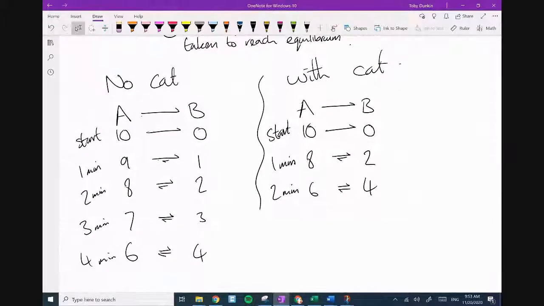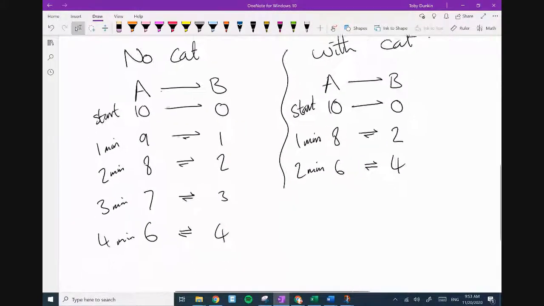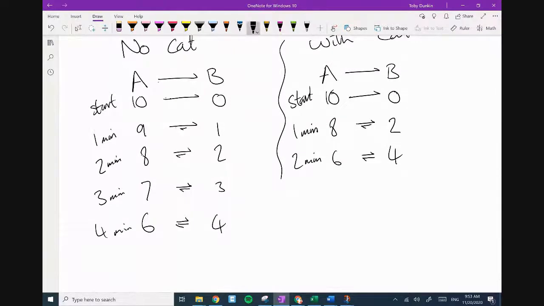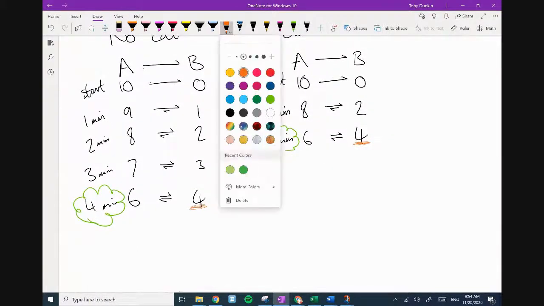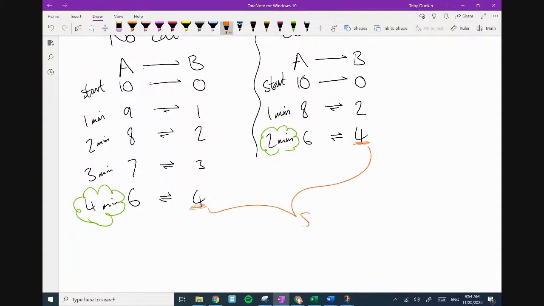So with a catalyst, we just get to shorten the time. That's all that's happening here. Once equilibrium has been established, no more changes happen. 4 is my fixed product. I have the same yield, but I did it in half the time.